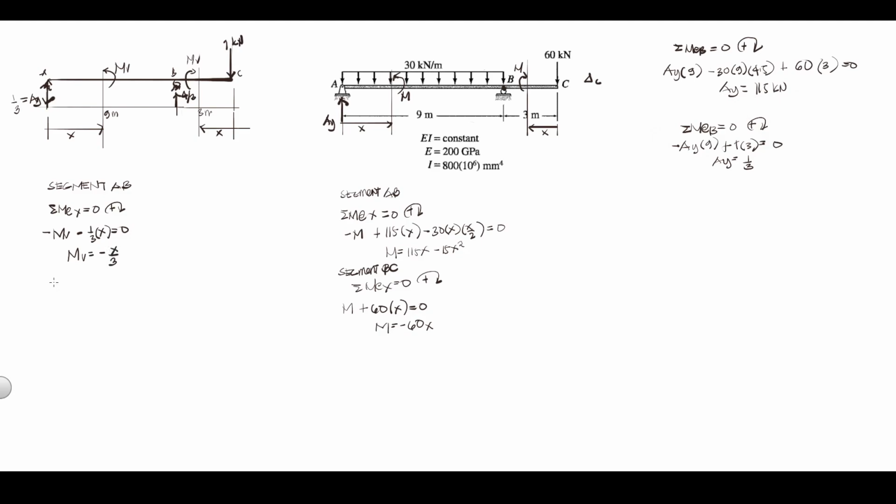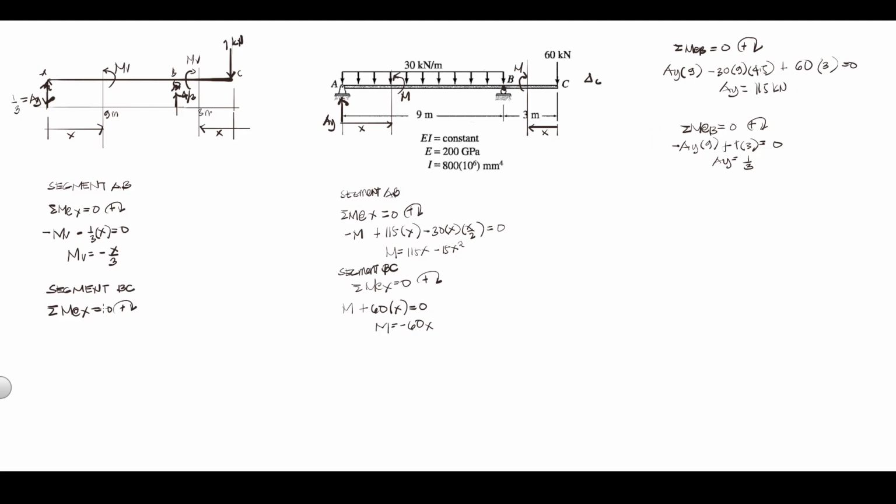So next is for segment BC. Okay, segment BC, summation moment at point X is equal to 0, positive clockwise.